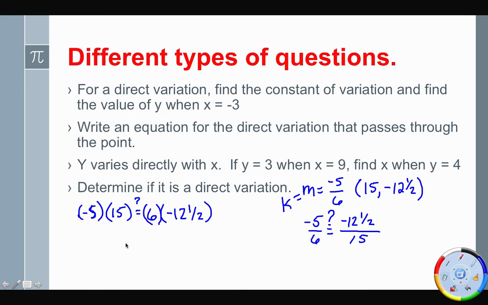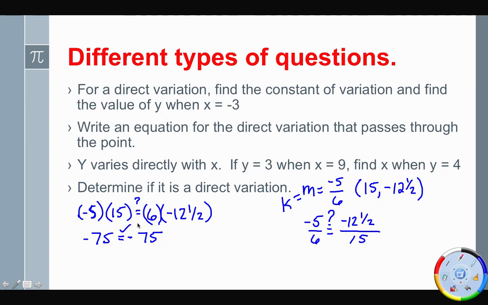All right, -5 times 15 is -75. And I can go 6 times 12, which is 72. Sorry, I forgot the negative here. 6 times 12 is 72. 6 times 1/2 is 3. 72 plus 3 is 75.